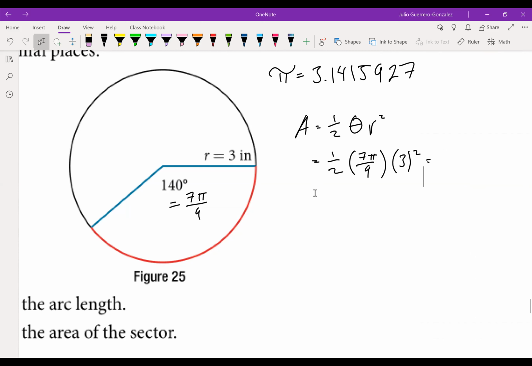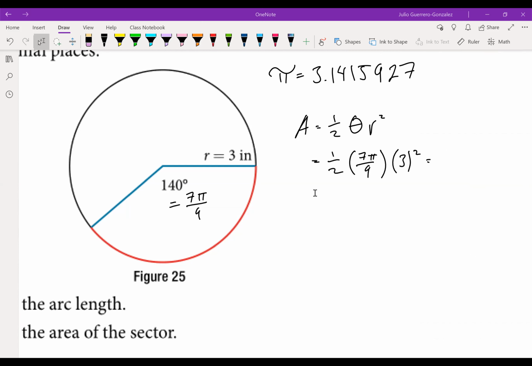What did you multiply? I took 7 pi over 18 times 9 over 1 because of 3 squared. And then you just do 7 pi times 9, which would be 63 pi, over 18. I did 63 times pi divided by 18. Where'd you get the 18 from? 18 was the half.